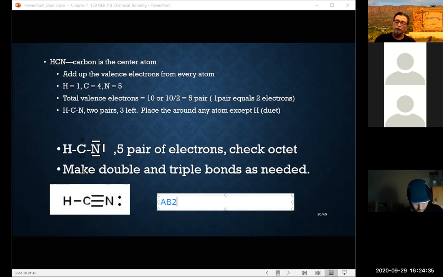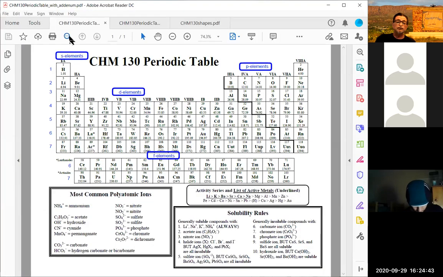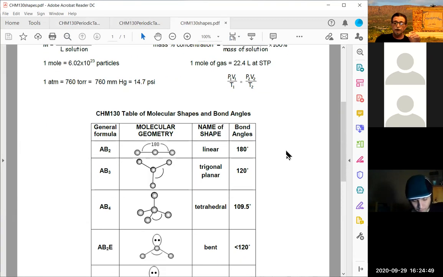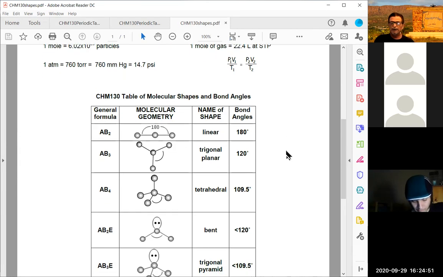So that's where we stop, and we pull up the shapes table. Let me make sure I get it. We go to the shapes table, and we search for the AB2, which happens to be the first example of the general formula.